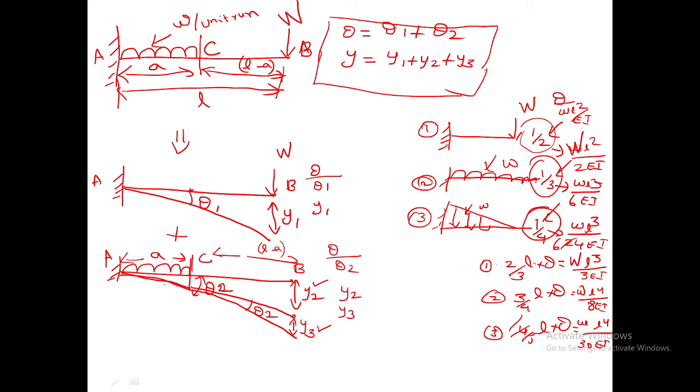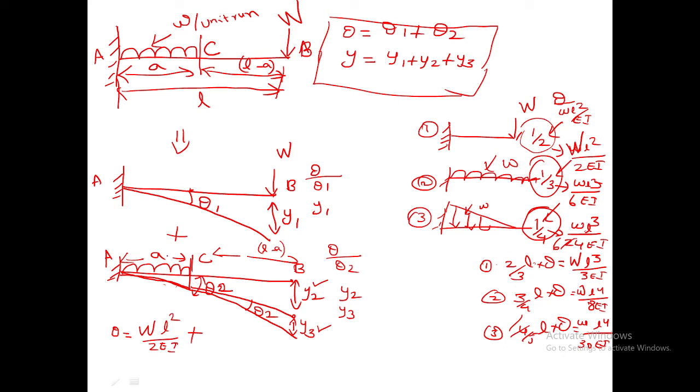This is one shortcut. Theta means theta 1 plus theta 2. Here theta 1 is the end point load slope, W L square divided by 2 EI, plus the slope of the uniformly distributed load over only some distance.